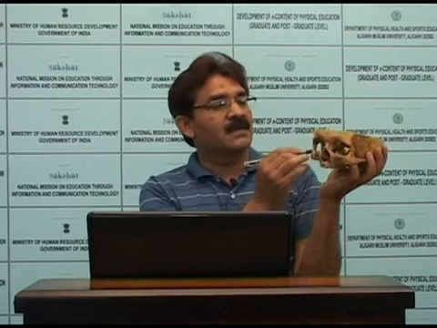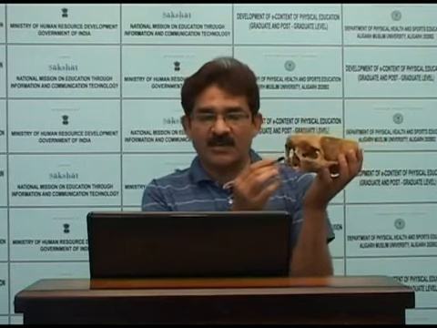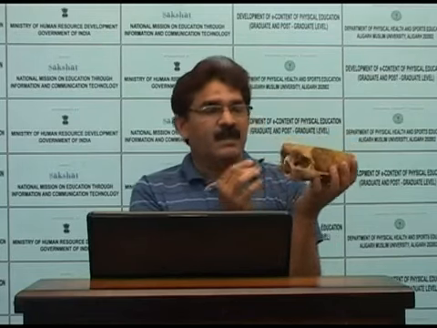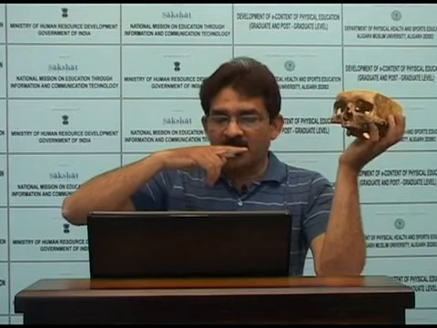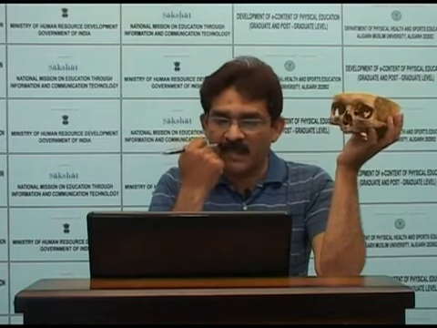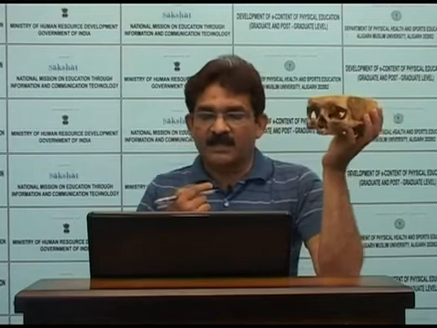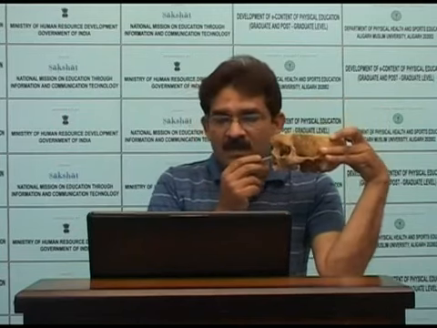This area is the zygomatic bone, and above the upper teeth the bone is called the maxillary bone, and in the orbital fossa, the lacrimal bone.